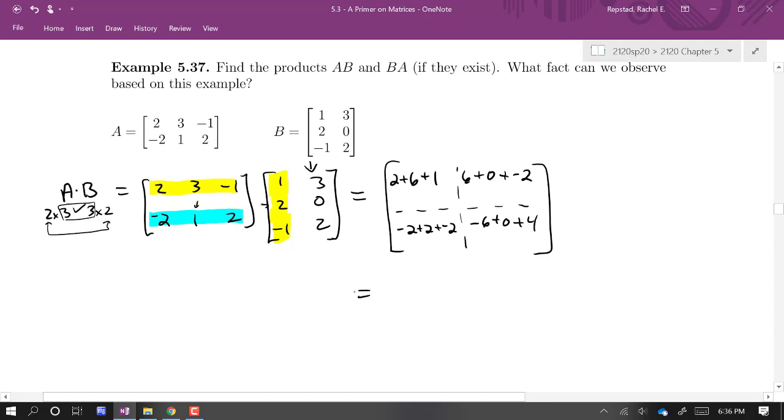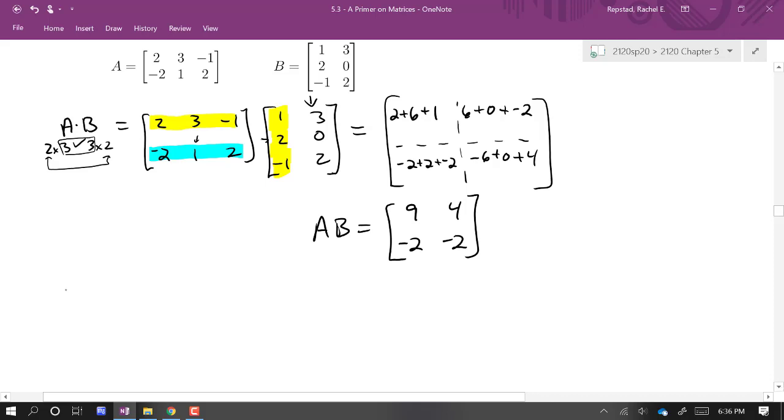And we find that AB is equal to, let's see, that's 9, and then across the top row, 9, 4. On the bottom row, -2, -2. So there's AB.